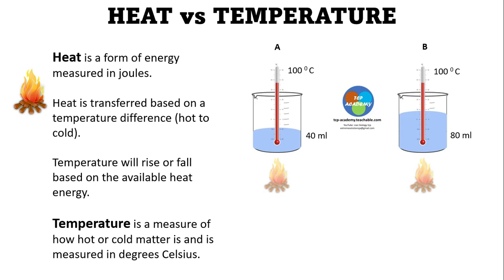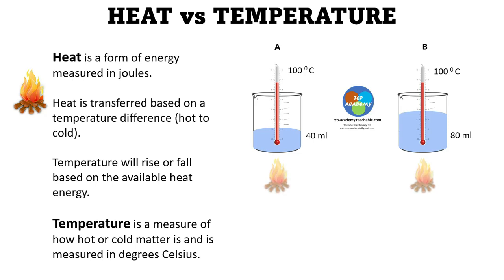So, what's temperature? Temperature is a measure of how hot or cold matter is, and it is measured in degrees Celsius. Now, there is a little difference here between temperature and heat. Let us turn our attention to the beakers. We have two beakers here, one with 40 ml water, the other with 80 ml.